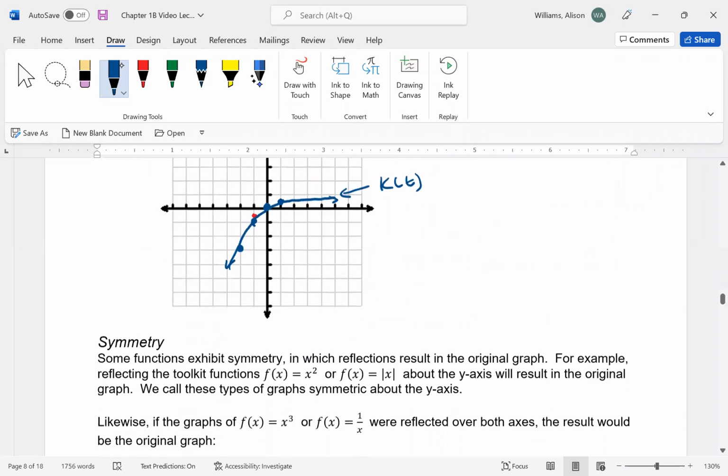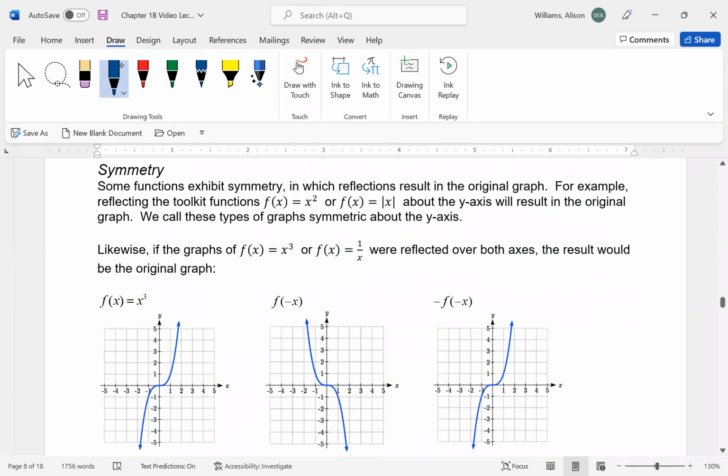All right, let's talk about symmetry. There are some types of symmetry we're really interested in. The first type is where we look at this kind of patterning across the axes, and in this case, the origin.